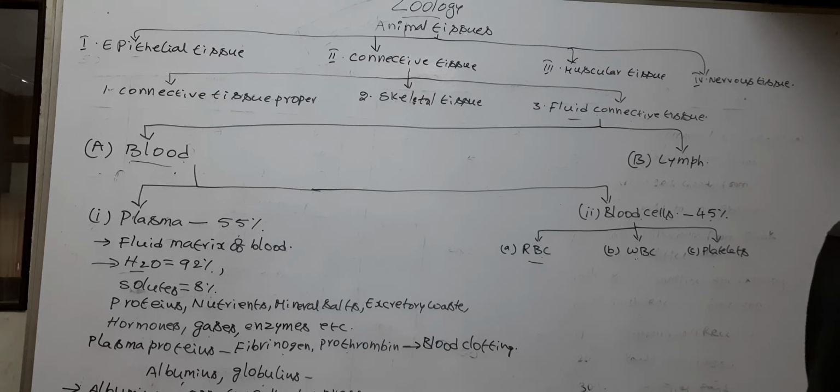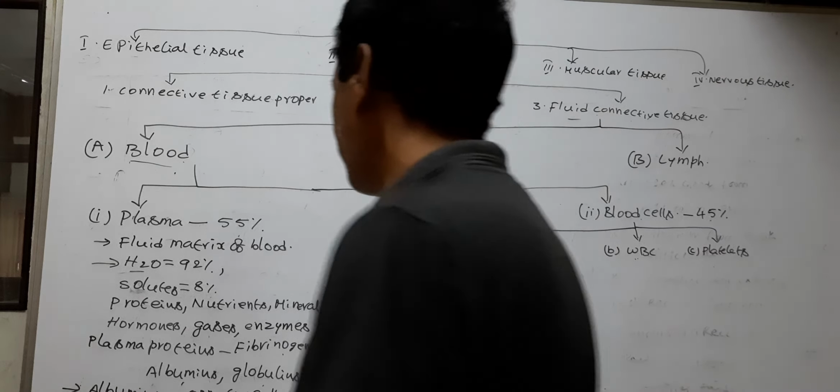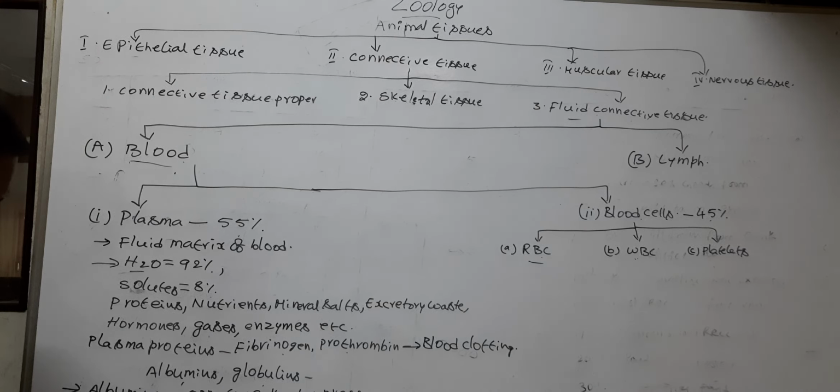Next, plasma proteins act as acid-base buffer. So they maintain the pH of blood at 7.4.